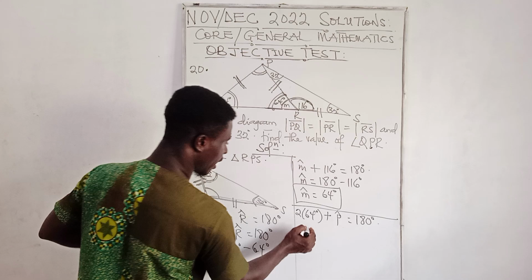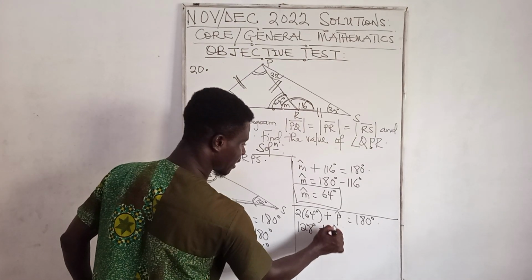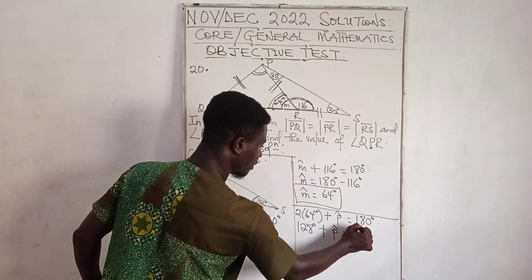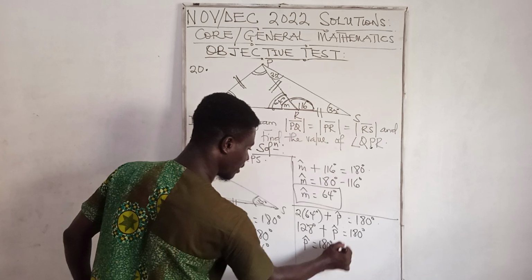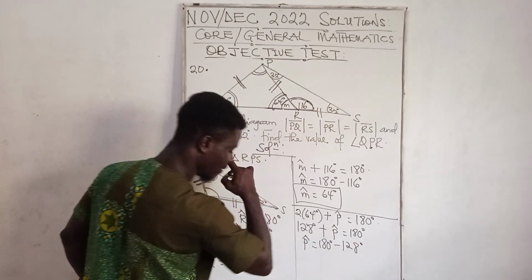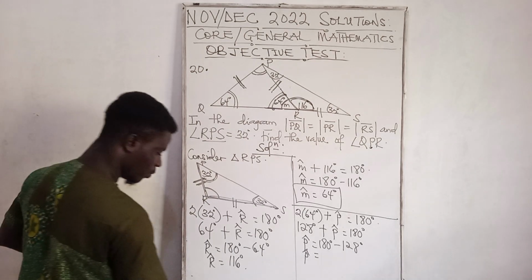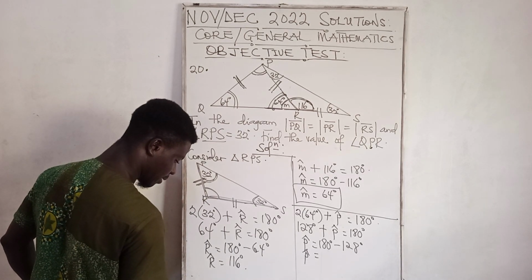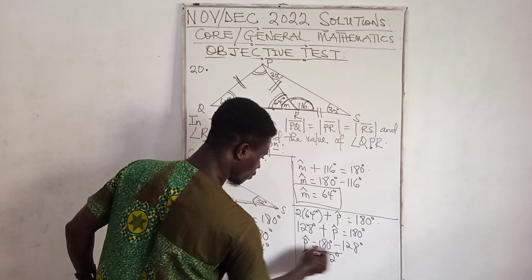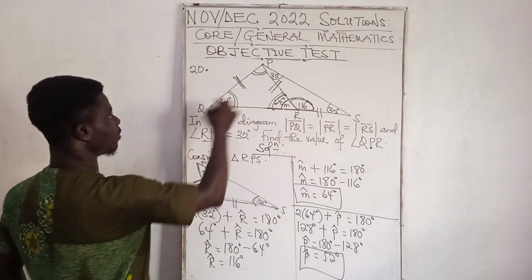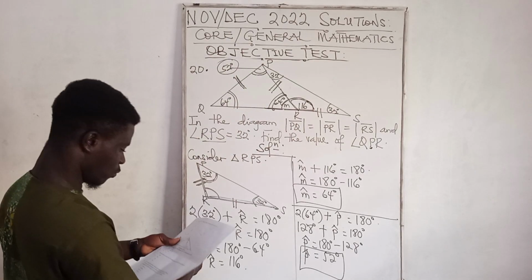So 2, 4, I have 8, then 2, 6, 12, 128 degrees plus angle P equals 180 degrees. So angle P equals 180 degrees minus 128 degrees. So angle P equals, we subtract 128 from that, then we get 52 degrees. So we get here to be 52 degrees.